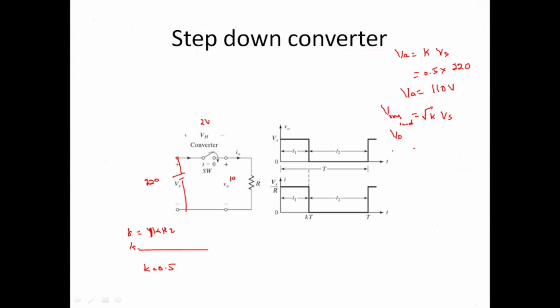So that's equal to root of K, which is 0.25, into 220. Root of 0.25, it seems 120. RMS is not 110. So what is the value for RMS? Okay, sorry, I made some mistakes.